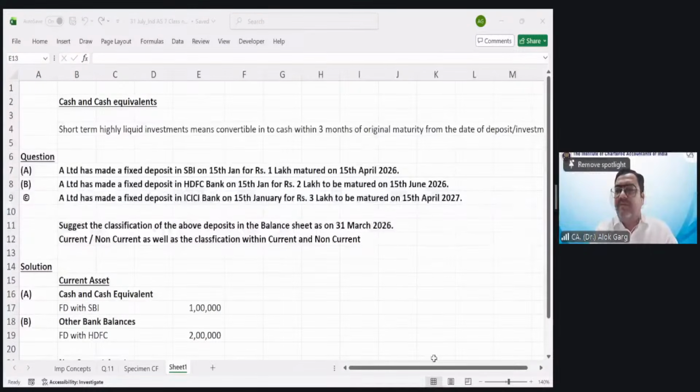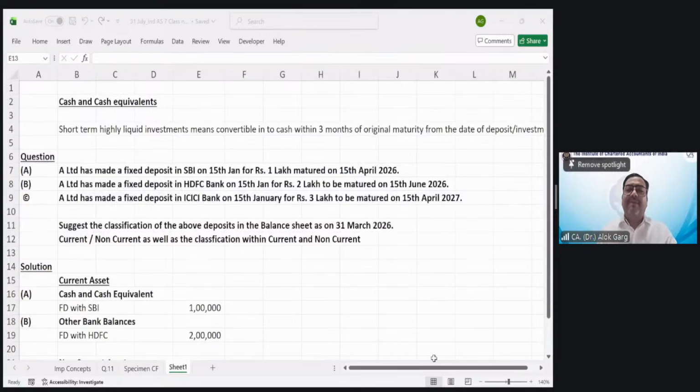Clear? Manoj is saying, sir, one doubt. I have a statutory FD required by CBUAE which will mature on 15th April and I need to renew the FD mandatorily. Will that be cash and cash equivalent or other bank FD? So Manoj, first of all, let me clarify.